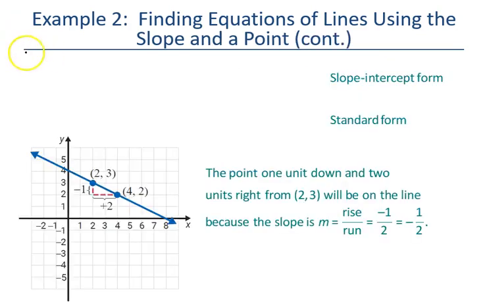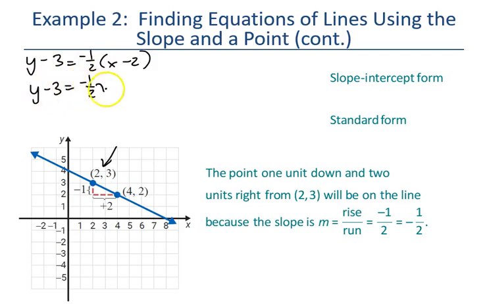So right now we have y minus 3 all equal to negative 1/2 times x minus 2. There's our point there. Well, what we're going to do is distribute this negative 1/2 out, and we're going to get y minus 3 equals negative 1/2 x. Well, notice I'm going to have a negative and negative. That's going to be a positive.